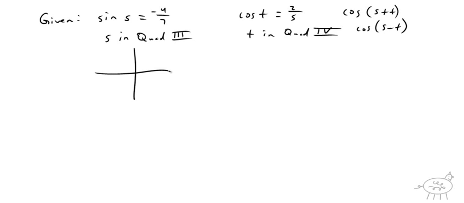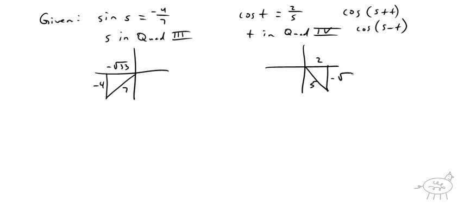Okay, so make a quick sketch here. Pretty easy. We're in the third quadrant, so we're here, and label everything. This is, of course, y over r, so it's negative 4, and this is 7. And using the Pythagorean theorem, we're going to get negative root 33. Again, don't forget the negatives. Okay, this is quadrant 4. And this is going to be x over r, so 2/5.